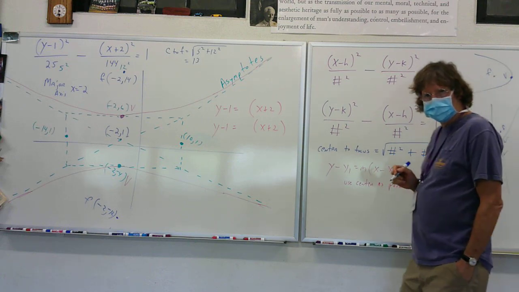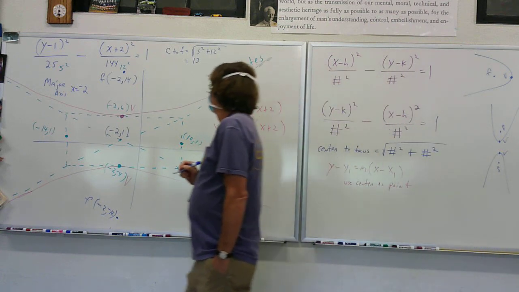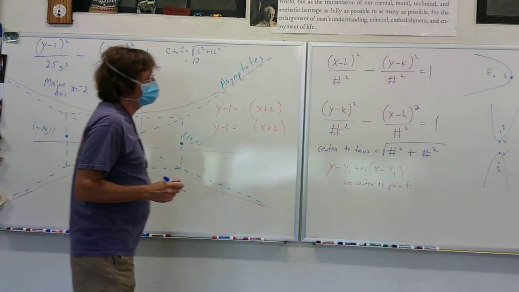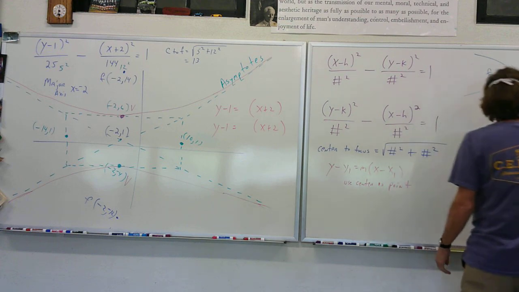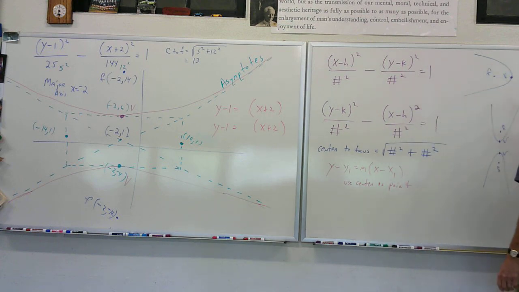The slope. When we do slope, I'm going to tell you the easiest way in the world to do slope. It's change in y over change in x. But when we do slope, we are always going to make the change in x go to the right.